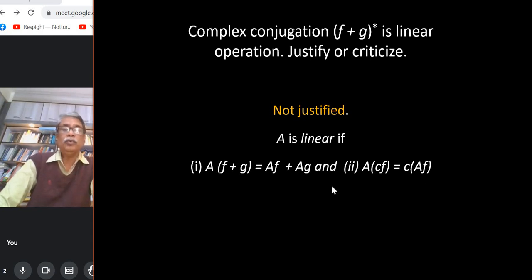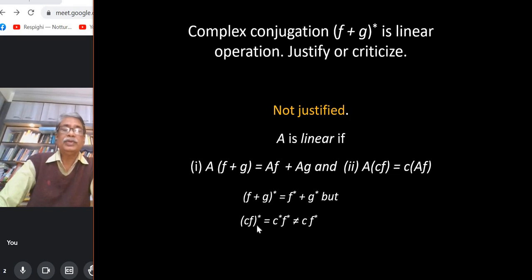Sometimes we forget the second condition actually, we often focus on the first condition for so many questions, but that's why the question is given here, because you have to focus on the second condition also. How? Because under conjugation, (f+g) star is f star plus g star, no problem. That means the first condition is satisfied actually, right?